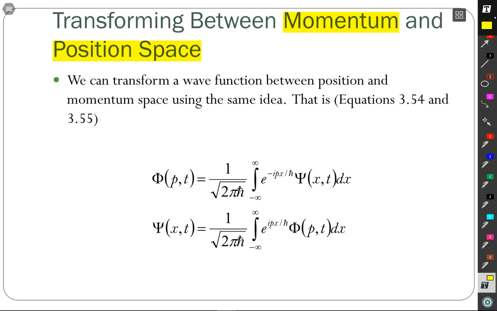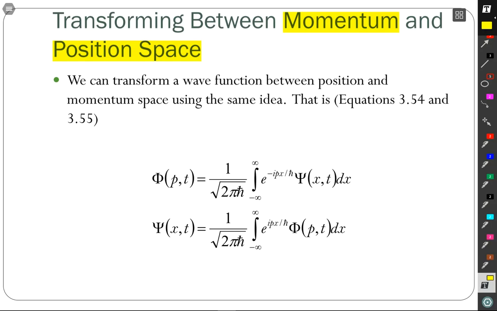Isn't that what we've been working with? That's what we're working with. That's where our variable is x. That's what position space means. So our variable being x means it's position we're working with. That's all the space I'm used to using, right? Anytime I talk about space, I mean position space.